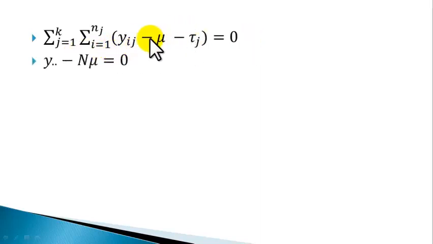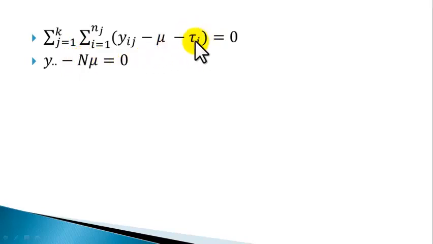Opening this bracket, this will give us the double sum of yij, which is the grand total y dot dot, minus the double sum of mu. As you sum mu as i goes from 1 to nj, that will be nj mu. Then summing as j goes from 1 to k, that will be the sum of nj times mu. And the sum of nj as j goes from 1 to k is the total number of observations, represented by capital N here.